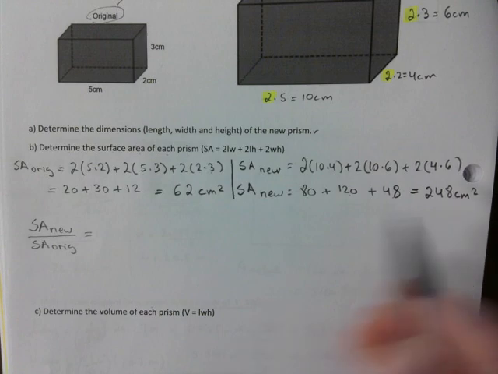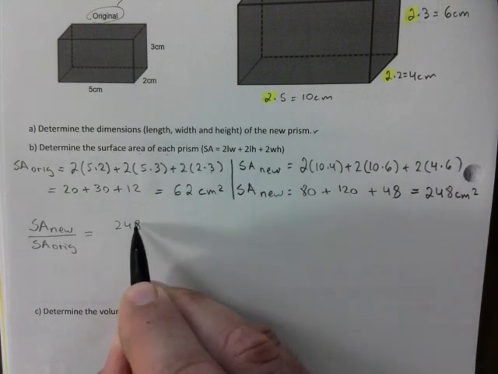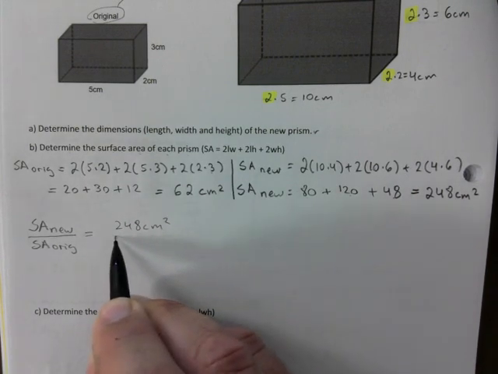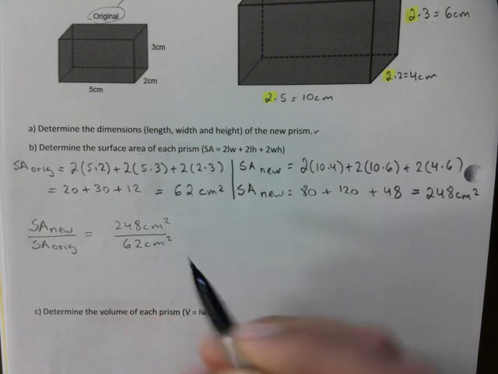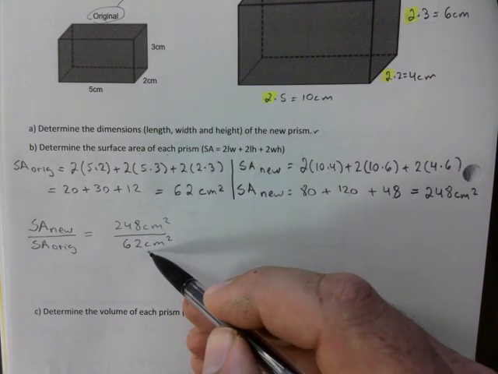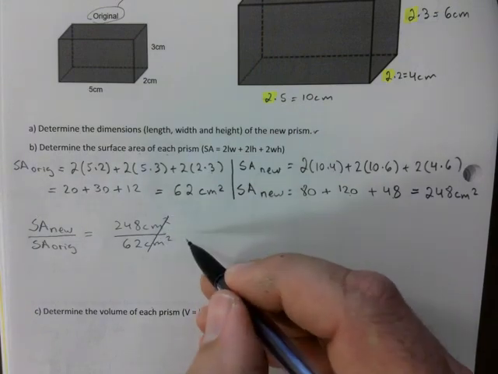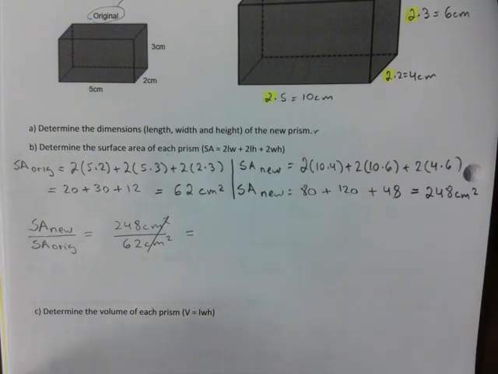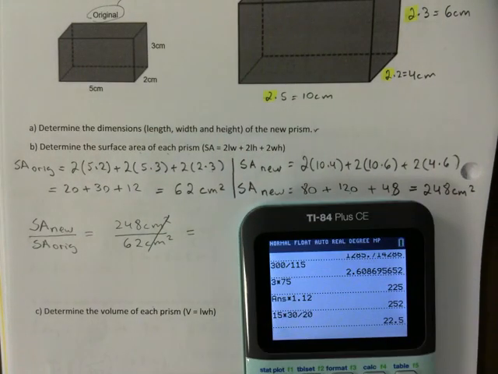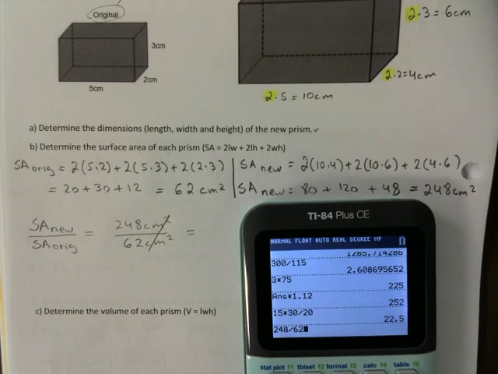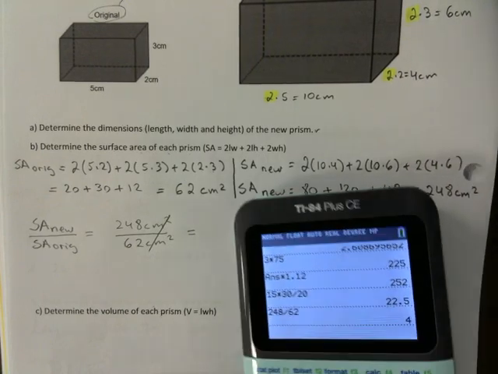We take the 248 squared centimeters and divide it by 62 squared centimeters. That cancels out exactly the way we want it. And what do we get when we divide 248 by 62? 4, right? I heard somebody say 4. There it is, 4.